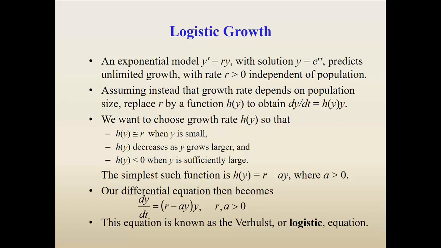And in fact, if it overreaches at a certain point, if it goes above this population cap, well, it's going to start decaying, right? If you are too big for your resources, your population's going to have to shrink. And so one of the easiest versions of this is r minus ay is equal to my rate function h of y.